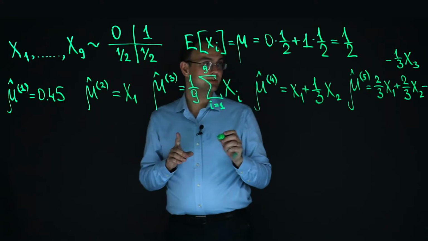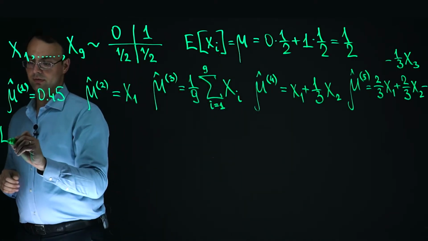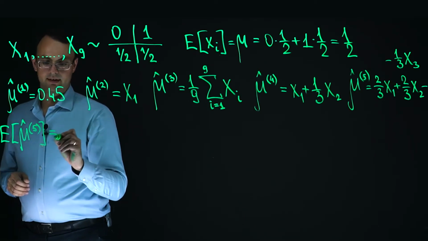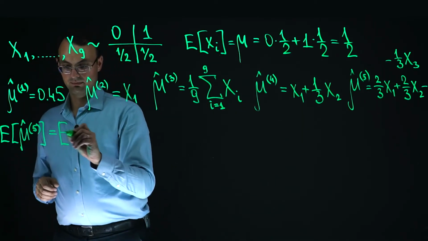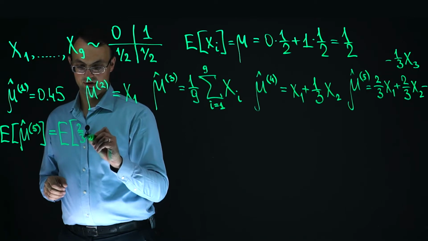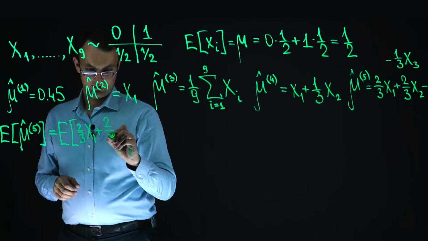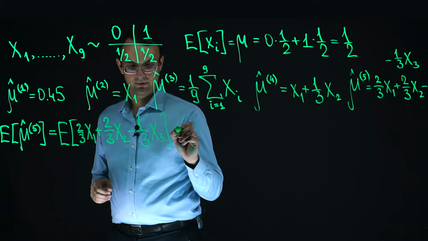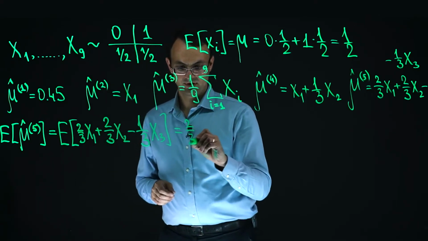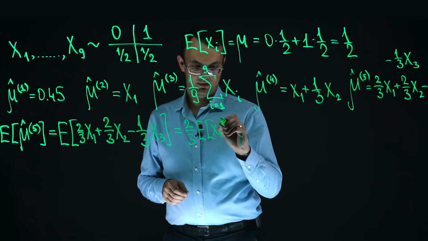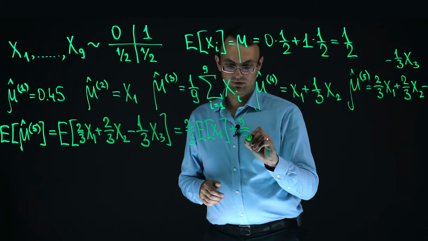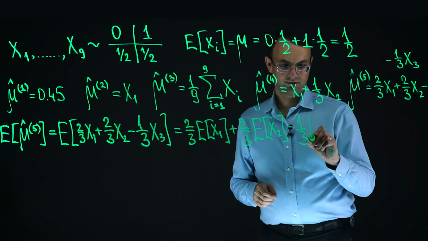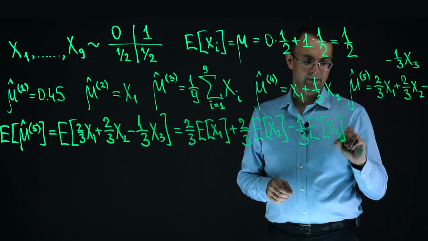And the last one is mu hat 5. The expected value of mu hat 5 is the expected value of 2/3 x1 plus 2/3 x2 minus 1/3 x3, that is 2/3 of E of x1 plus 2/3 of E of x2 minus 1/3 of E of x3.